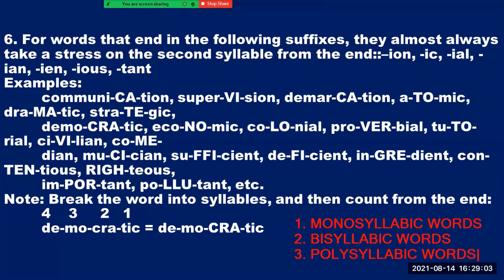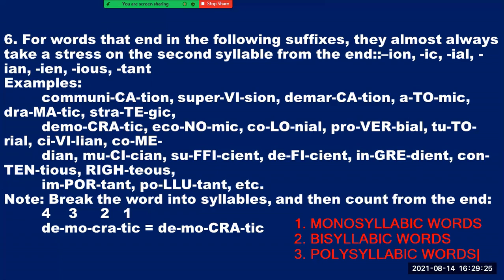Another thing that determines stress in bisyllabic words is prefixes. We said that if a bisyllabic word begins with a prefix, stress the second syllable. And in most cases, if the first syllable is not a prefix, then you stress that first syllable.